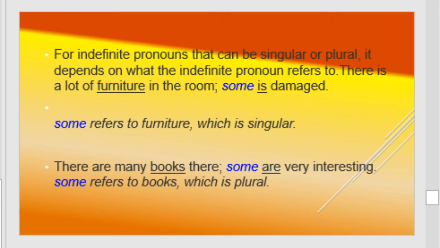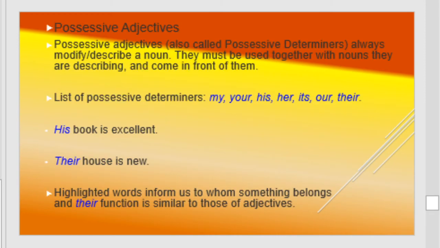Next, possessive adjectives. Possessive adjectives are also called possessive determiners. They always modify, or describe, a noun. They must be used together with the nouns they are describing and come in front of them. List of possessive determiners: my, your, his, her, its, our, their.